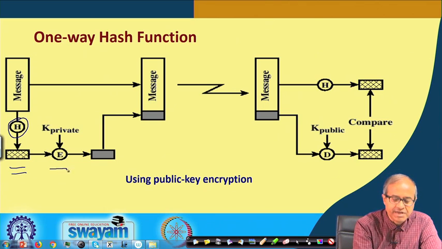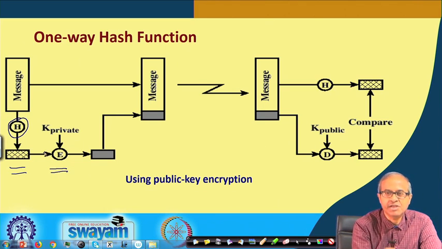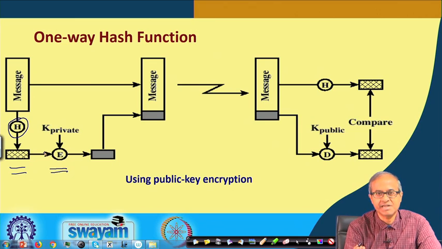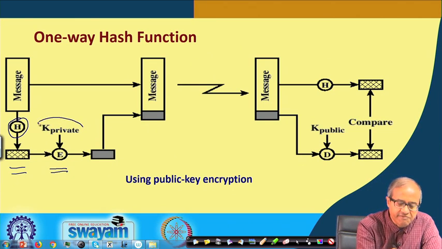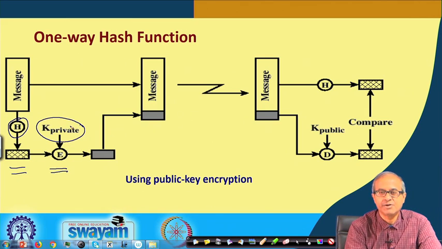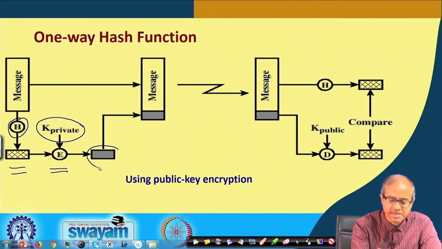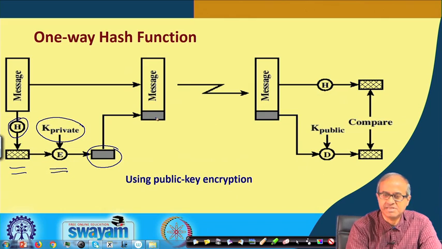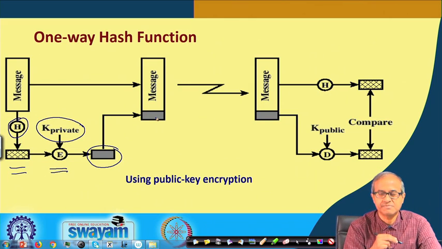Well, you again do encryption, but this time you use a public key encryption technique like RSA, where you use the private key of the sender to encrypt. I use my private key to encrypt the hash value. This will be the encrypted hash value, which is appended to the message and is transmitted.